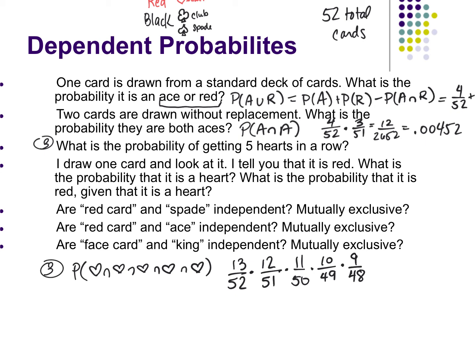Never mind, we're just not going to go there. So it's 154,440 out of 52 times 51 times 50 times 49 times 48, which is 311,875,200.